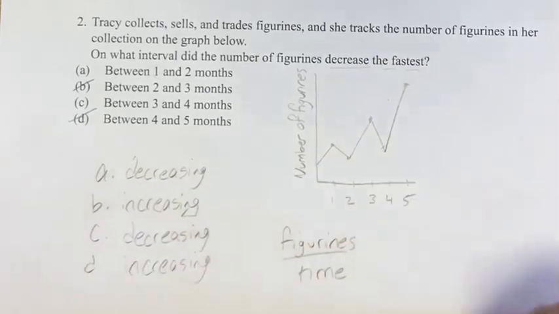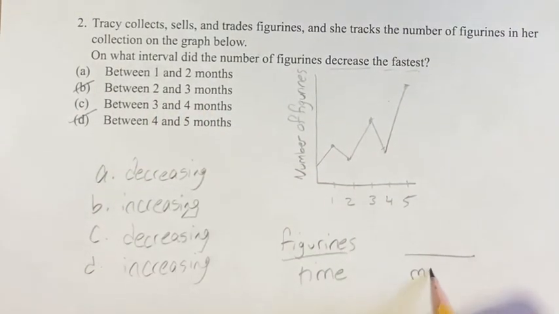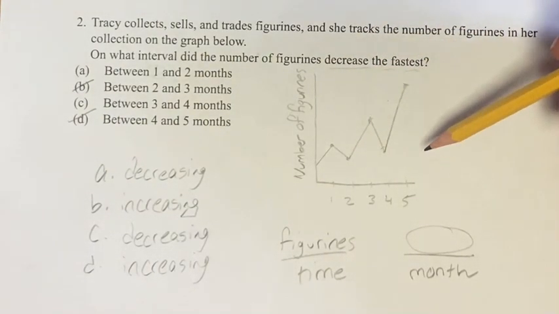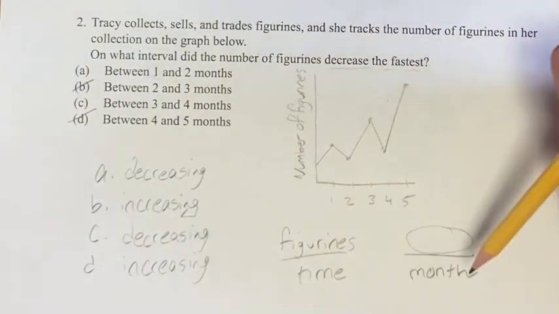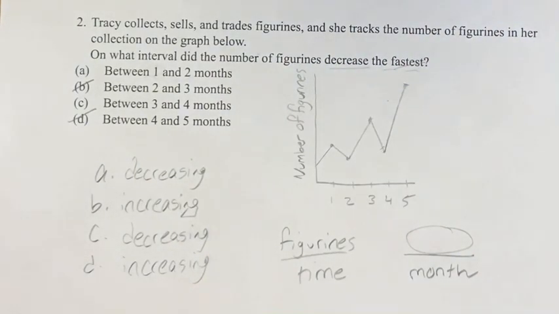That's your rate. And since these are both looking at 1 month periods, your time is going to be a month. All we're looking for is the largest numerator, since they have the same denominator, because it's the fastest decrease, right? The largest difference between the beginning and the end of the month.